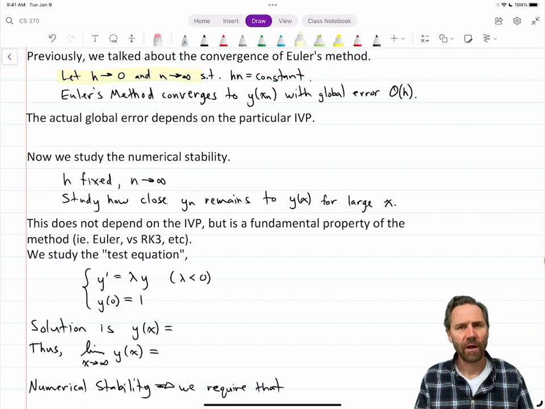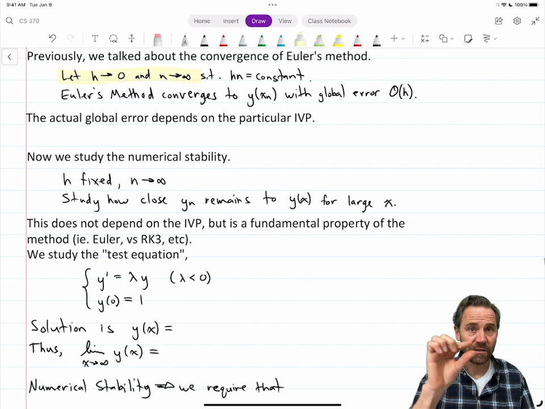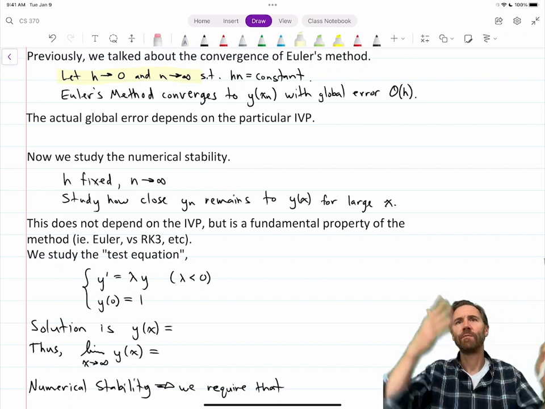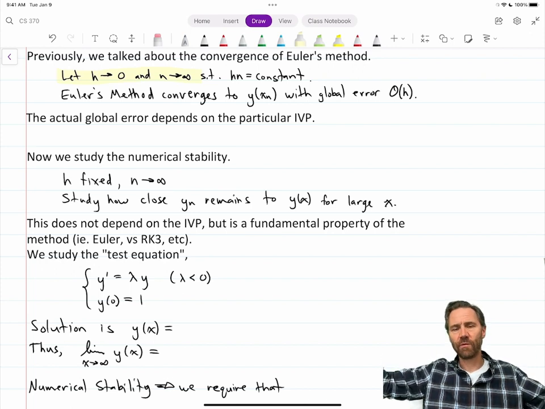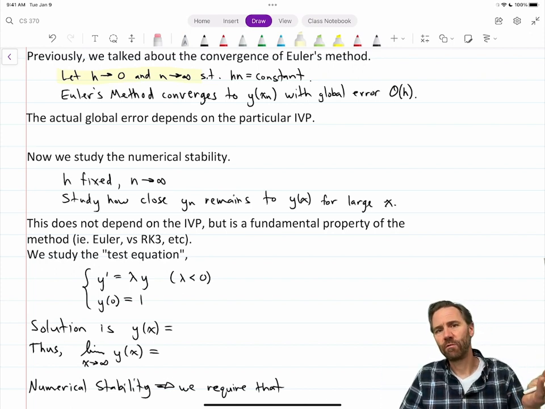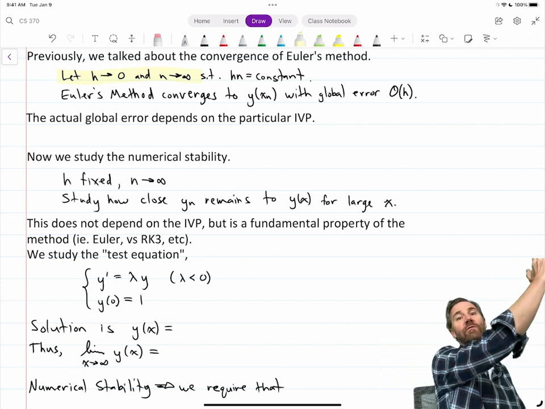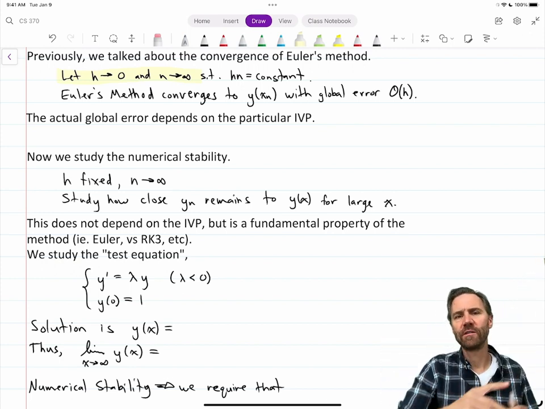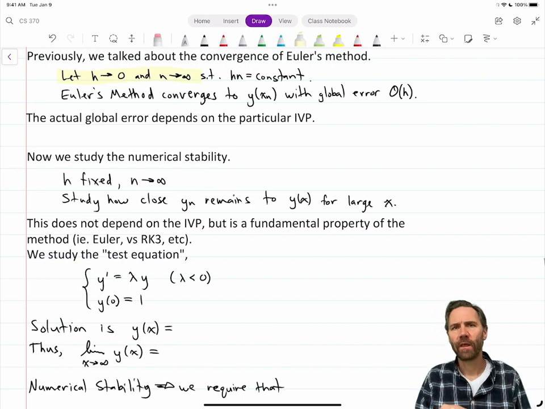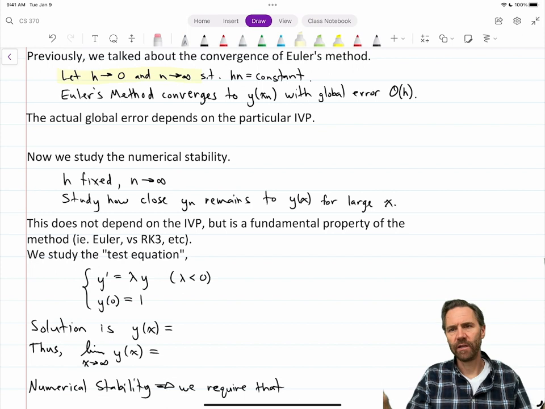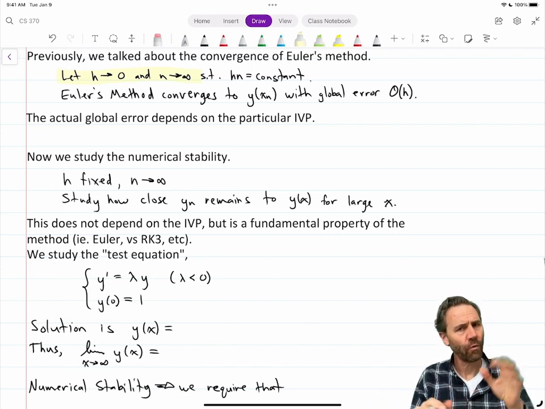This is really only relevant if we're expecting our solution to settle down to some equilibrium, which is the way a lot of systems work. Some of them go off to infinity, like exponential growth of a population. It starts off slow, but it grows and grows, unbounded in theory at least. In those cases the numbers just take off, and we're not talking about that.